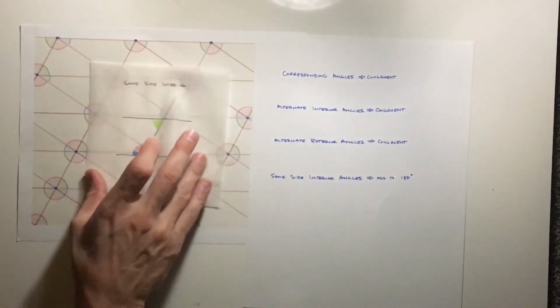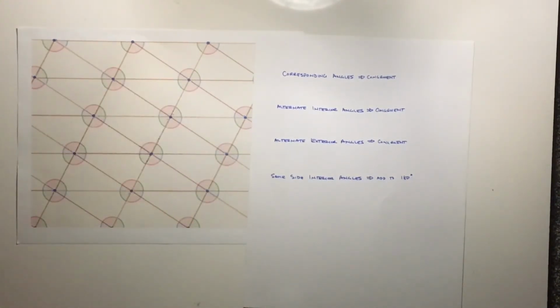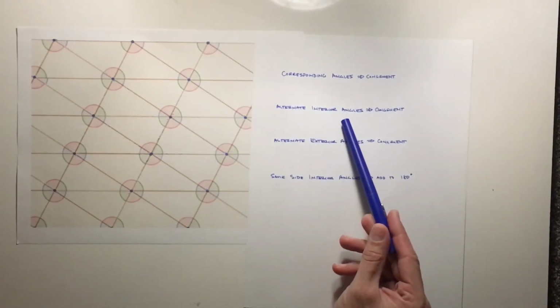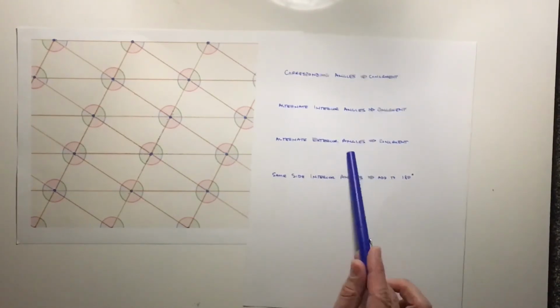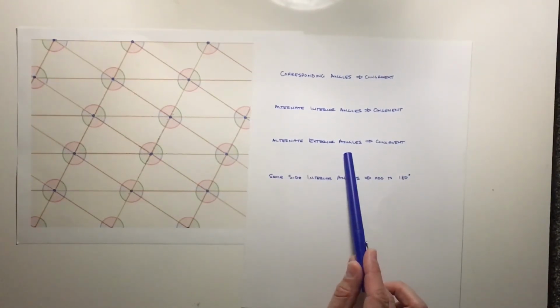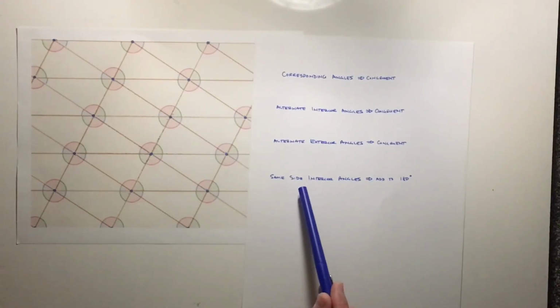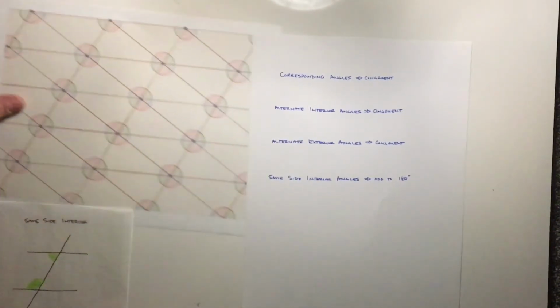Fairly simple. Corresponding angles, when lines are parallel, are congruent. Alternate interior angles, when lines are parallel, are congruent. Alternate exterior angles, when lines are parallel, are congruent. Same side interior angles, when lines are parallel, add to 180. Now, before I go, one brief thing as I remove the tessellation.